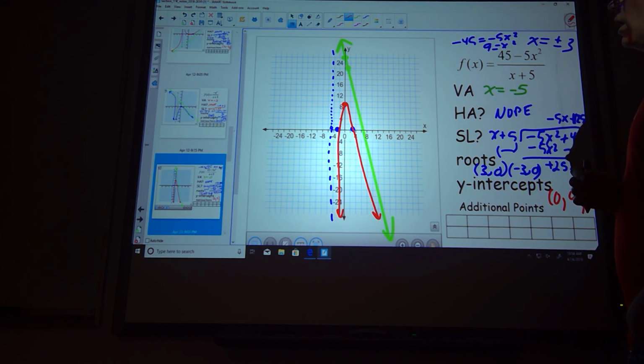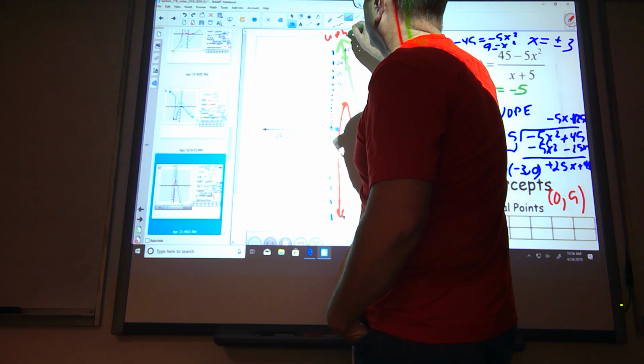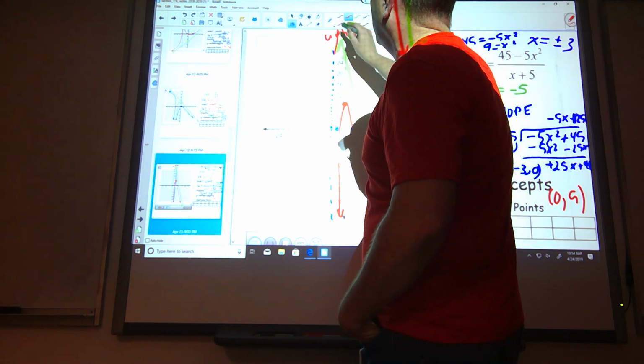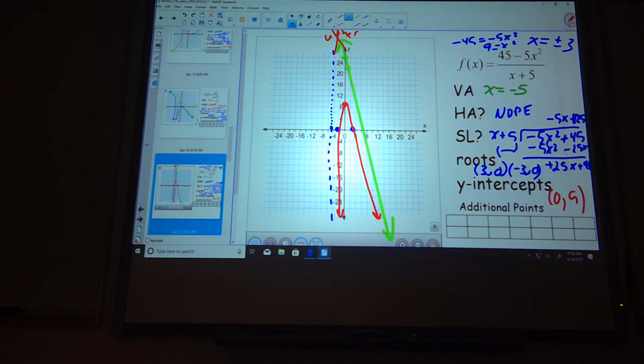Man, our graph isn't big enough to actually see. So there's something else that takes place up here where this and this intersect. It's like up in this region. Sorry, I didn't make it nice enough.